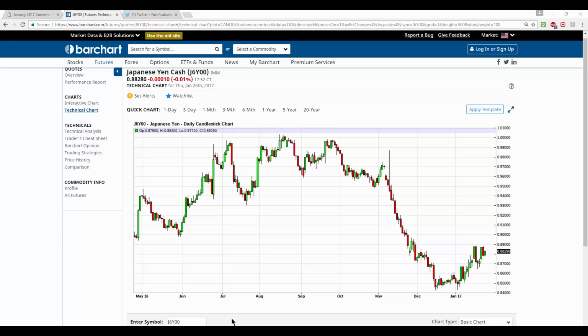So if we're bearish or expecting lower prices on Japanese yen cash prices, the dollar yen pair is actually going to be inverted. It's going to go up, because if Japanese yen cash price is dropping, that means dollar prices are rallying. And if the dollar is first in the name of the pair, dollar yen, when you're watching dollar yen price action, you're watching the advancement of the dollar versus the decline of the Japanese yen.